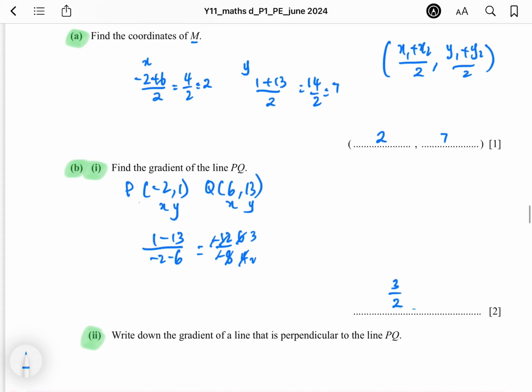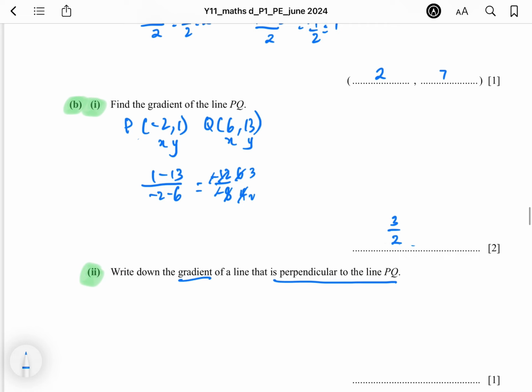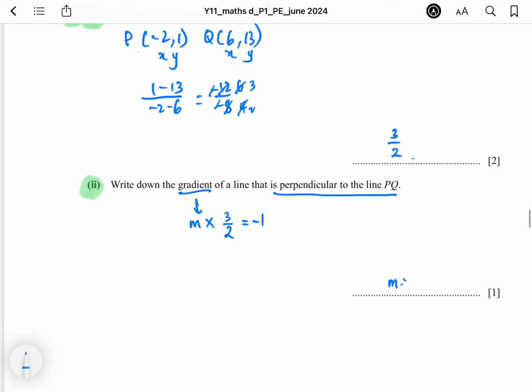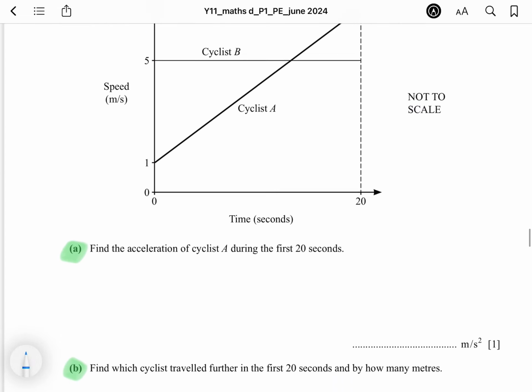Okay. Write down the gradient of the line perpendicular. Perpendicular, that means this gradient m times the gradient of the other line should be equal to minus 1. That means your m is equal to minus 2 over 3. Okay, that's the property of perpendicular lines.